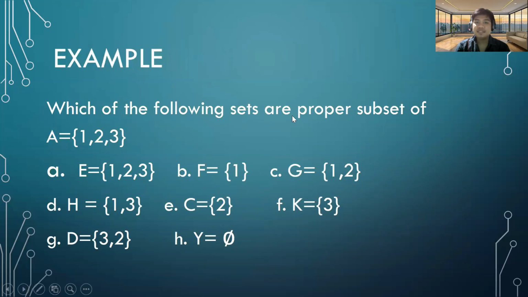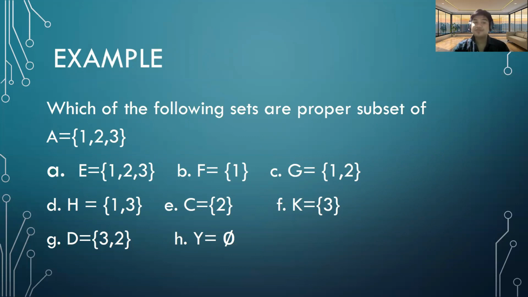Which of the following sets are proper subsets of A? Ibig sabihin ng proper subset, this is a subset pero hindi siya equal doon sa particular set. So there is at least one element na wala doon sa subset na yon.